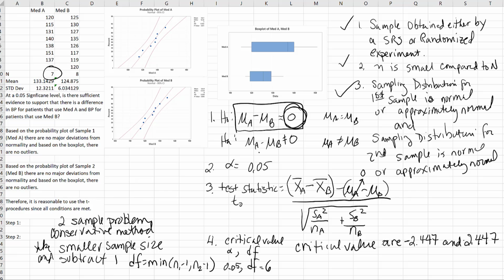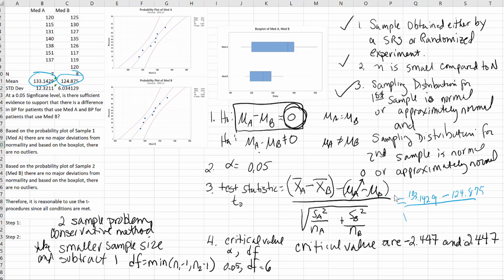So let's take a look at this specific problem. To get this test statistic, I can start to put in my numbers, and then I can look at my critical values in order to reject or not reject. In this test statistic, the mean of my first sample, the people that took medicine A, is 133.1429. I subtract from that the mean for people that took medicine B, 124.875.